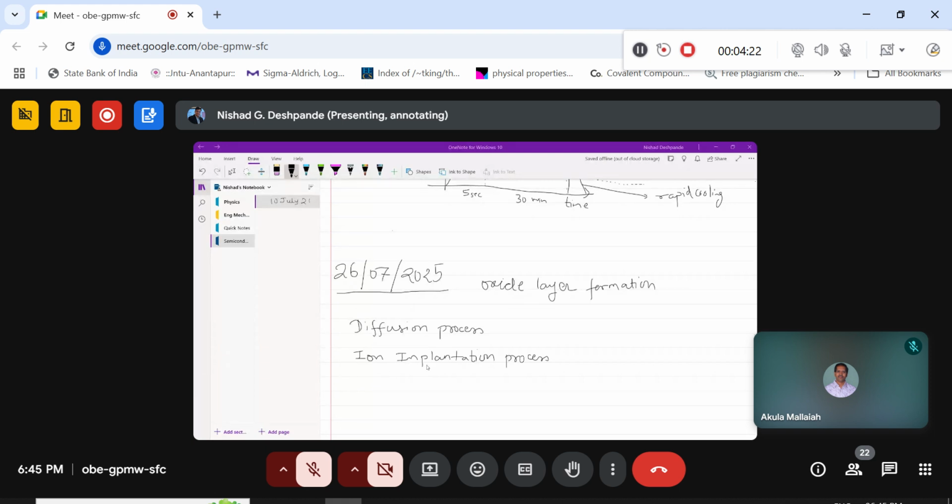But if you go for the radical, then you get a very good oxidation layer that is conformally grown on these silicon surfaces or the edges of that silicon. So that is why we wanted to have this.